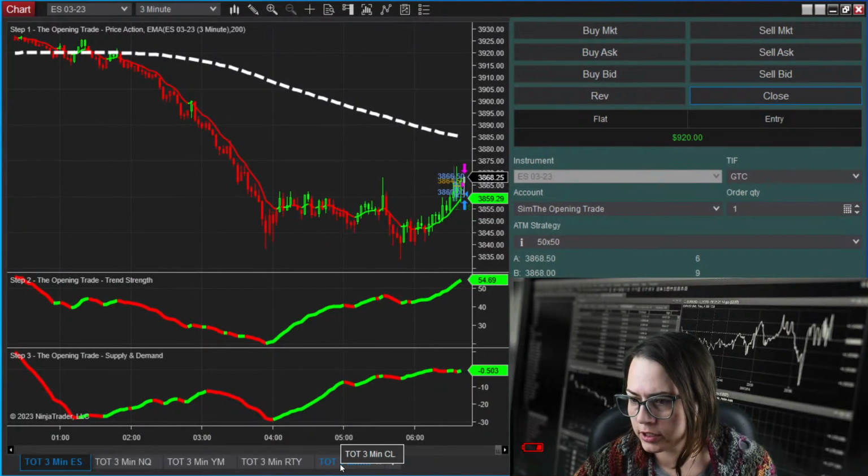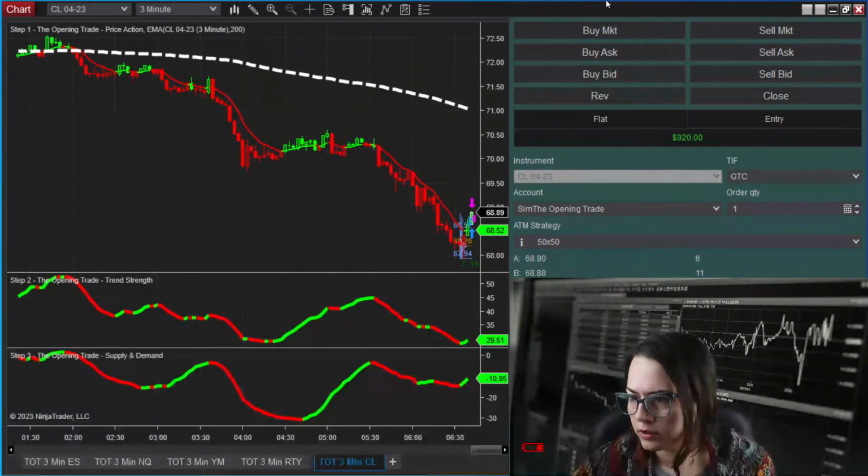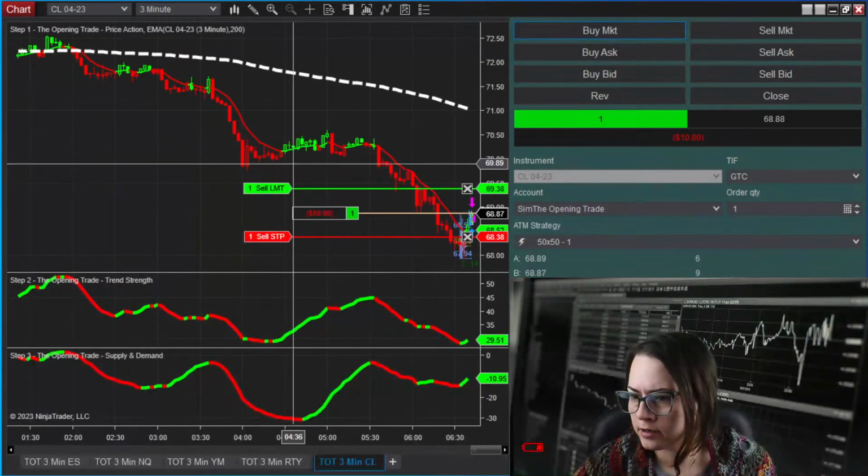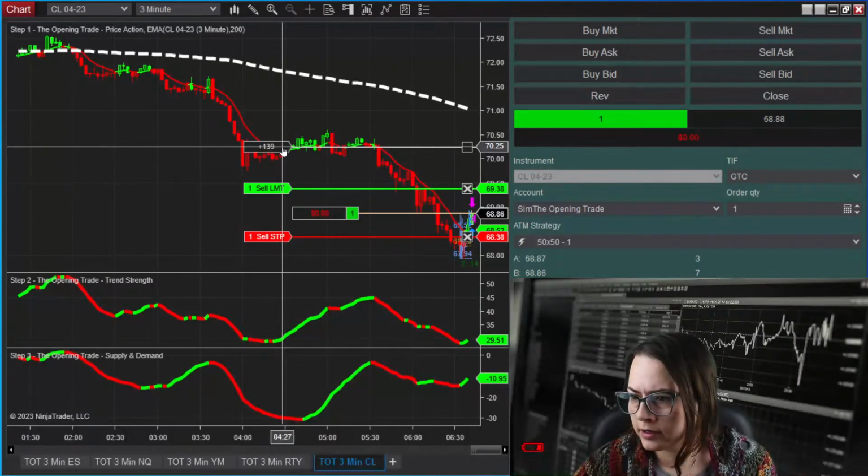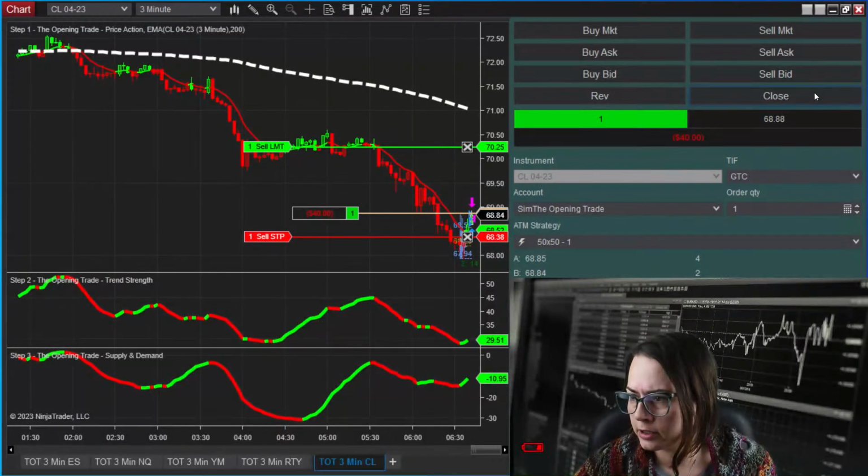Now let's take a look here. And I just want to get back right in. Order filled. Manual trade. One more little manual trade here real quick. Order filled.